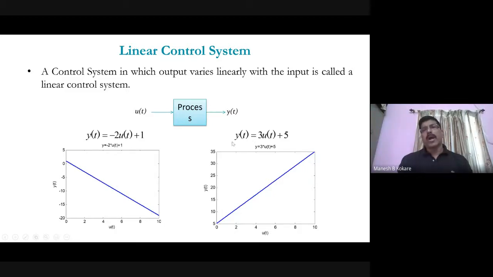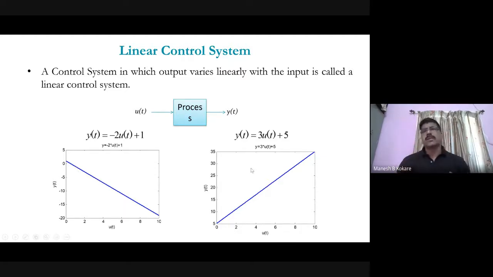Whereas if your y of t is 3u of t plus 5, then as u of t goes on increasing, your output also goes on increasing. Now see that if you combine both the inputs, your output will be equal to this output plus this output. Now see that there is a linear relation between y of t and u of t. Only thing is that here it is decreasing in nature and here it is increasing in nature.